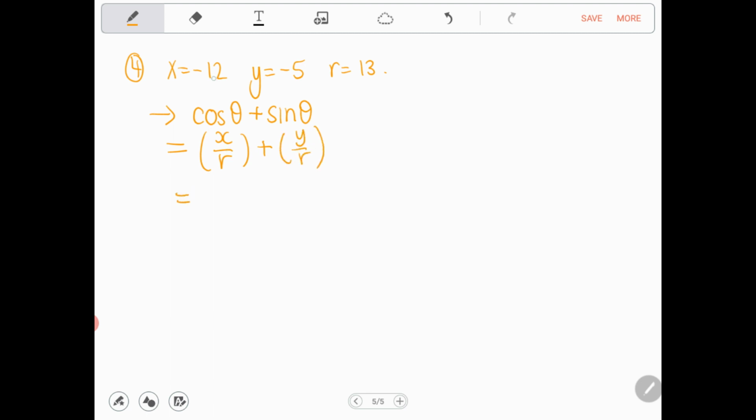All right, so we just use these pieces of information that we found, negative 12 over 13 plus negative 5 over 13. All right, we've got the common denominator already. Positive times a negative gives me a negative, so the answer to this one is negative 17 over 13.